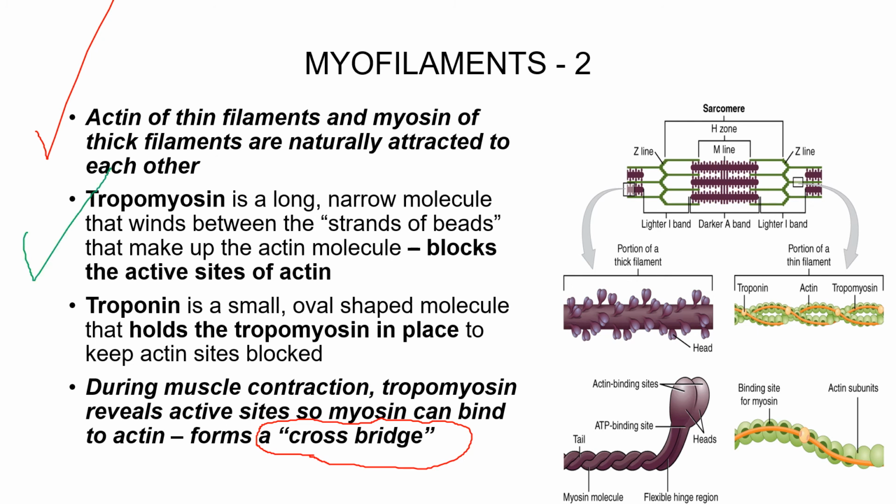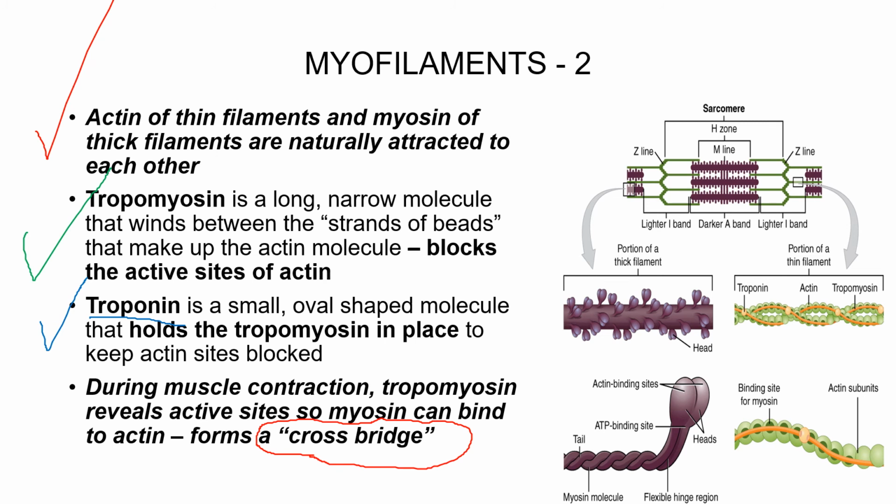Then we have our gate, or the actual thing inhibiting the myosin and actin from getting to one another, that rope-looking protein called the tropomyosin protein. And then the brains of the operation controlling the tropomyosin, or at least the one that's going to move tropomyosin out of the way, is the keypad, or the keyhole, or the security guard guarding the gate, whatever analogy you want to use, and that's what we call troponin.